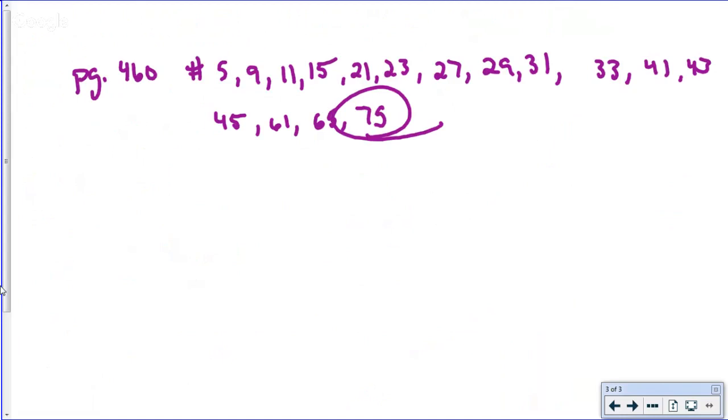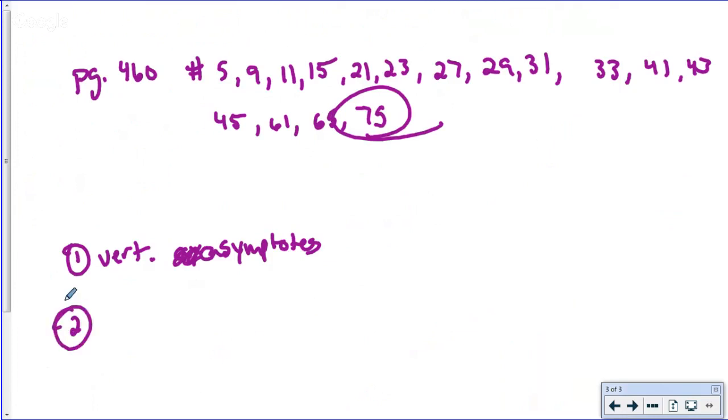Your video questions are: Question number 1 is, how do I find the vertical asymptotes? Number 2 is, of the 6 steps, which one's going to be the hardest?